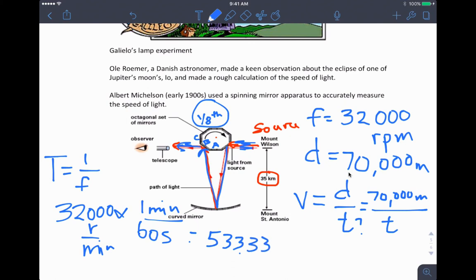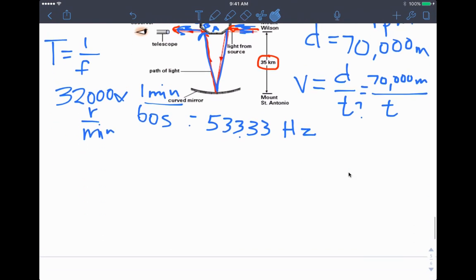And that's going to give us 533.33 cycles per second, or rotations per second, which you need to start getting used to. That is hertz. So this is now the frequency, or how many times the mirror rotates per second. That's amazing. It's just super fast. But anyway, we need that because light travels quickly.